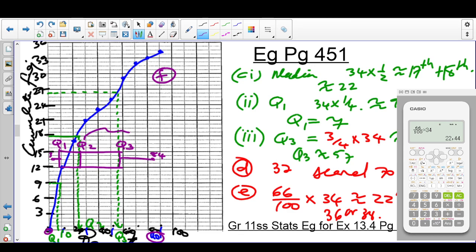As you can see, the data is positively skewed to the right. So with that, you should be able to do exercise 13.4 on page 453. Do this every day.